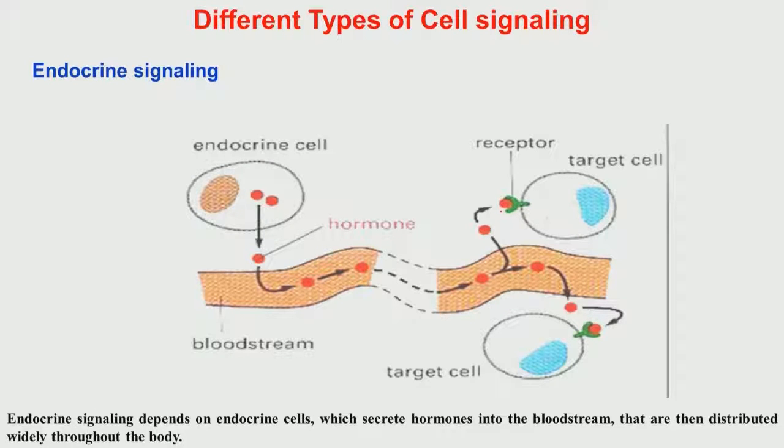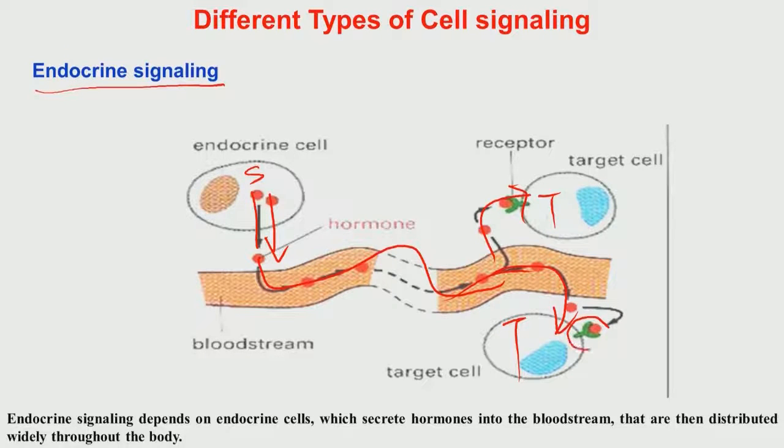As mentioned before, you have one source cell, and these signaling molecules are released to the bloodstream and transported through the bloodstream to the target cells. However, in all these cases a commonality is how the signaling molecule gets attached to the cell surface receptors of the target cell.